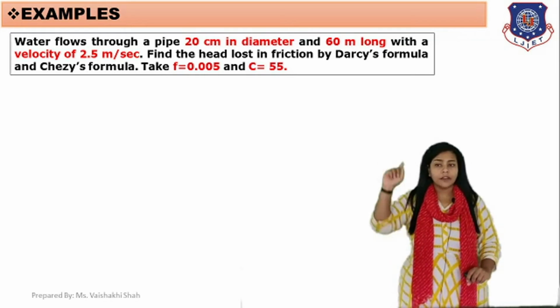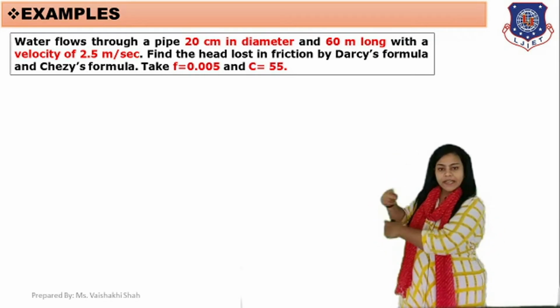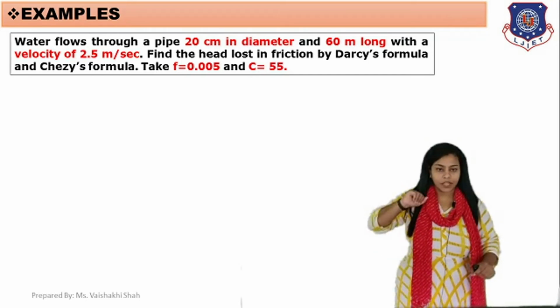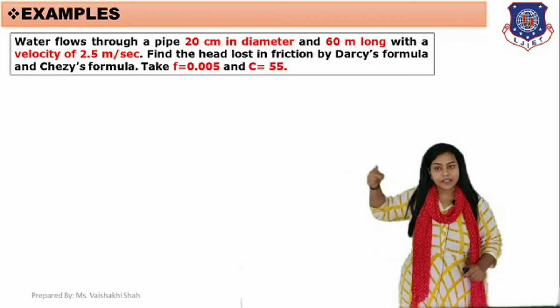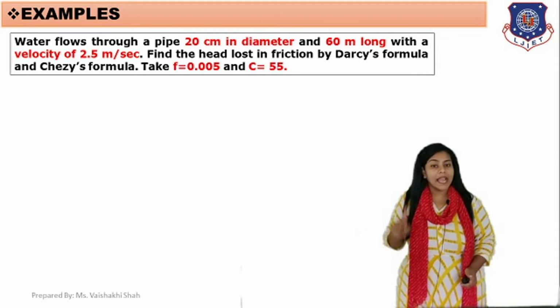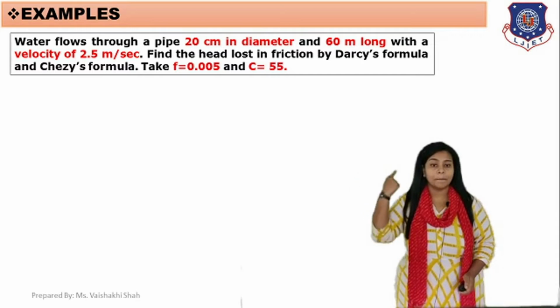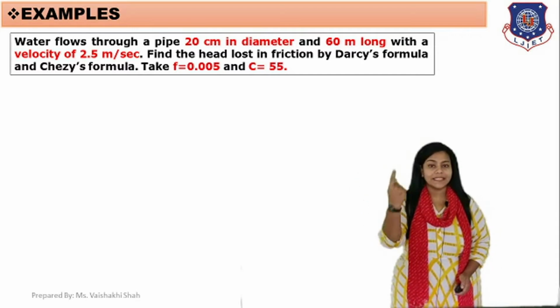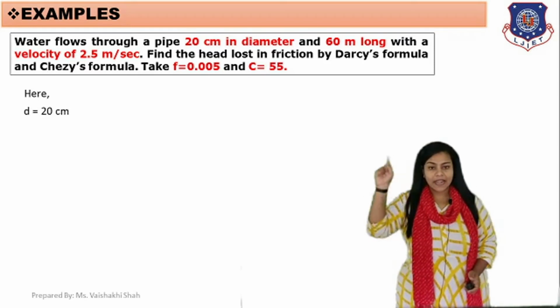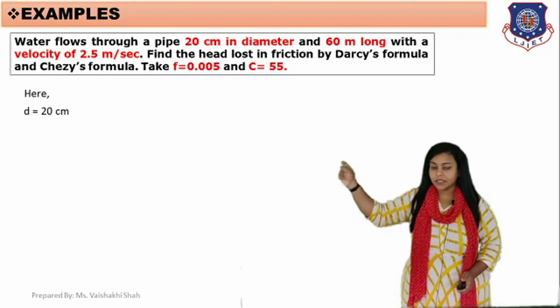Now first of all we will discuss the values one by one. Water is flowing through a pipe. It is a circular pipe and in that pipe water is flowing. The diameter of that circular pipe is 20 centimeter and the length of that pipe is 60 meter. So diameter we indicate as D, and D is given as 20 centimeter.